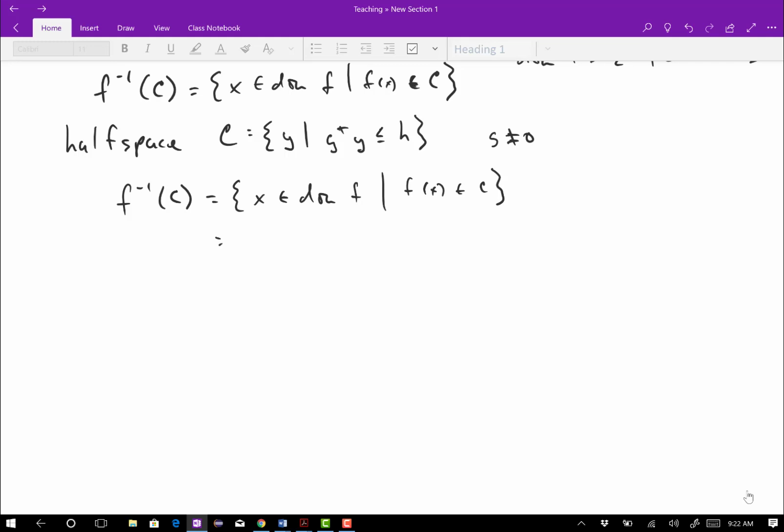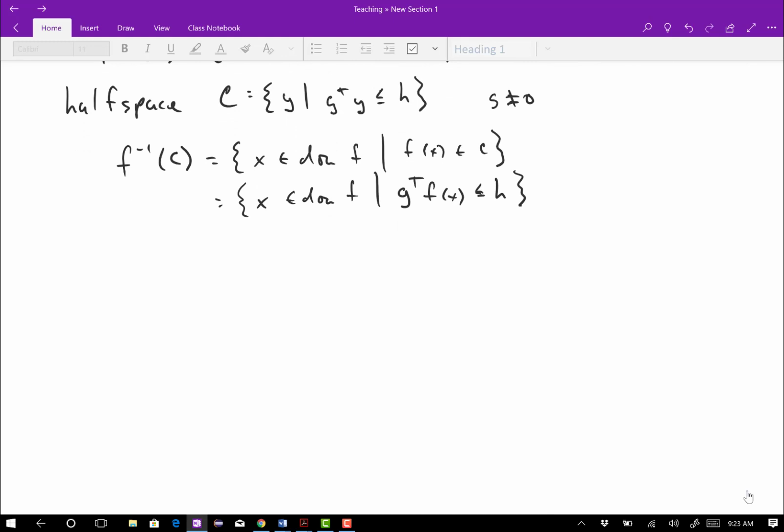So this is going to be equal to x's in the domain of f, such that G transpose, so now I'm using the definition of our half space. So it's G transpose f of x less than or equal to H. Okay, and I can go from there.